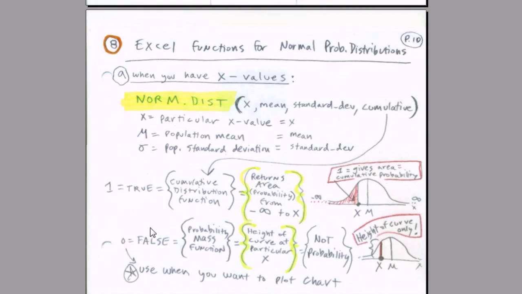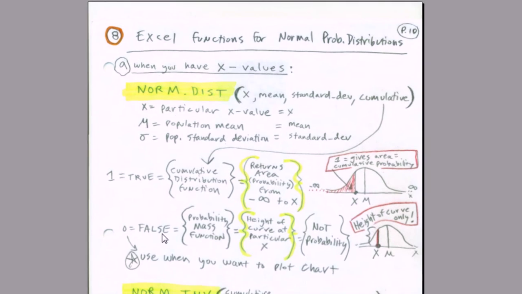If we use false, it does not calculate probability. It calculates the height of the curve at a particular x. It's not probability. This is what we'll use to actually plot the curve. Now notice .DIST, that'll calculate either the cumulative probability or the height.